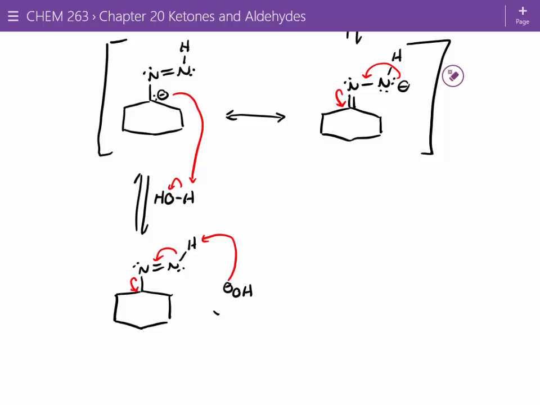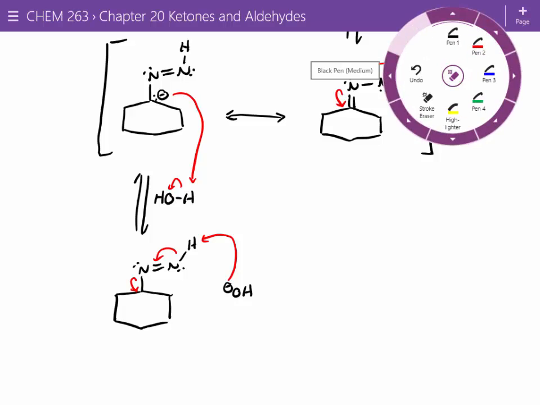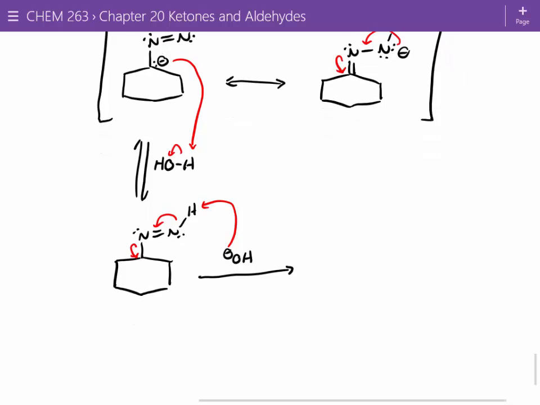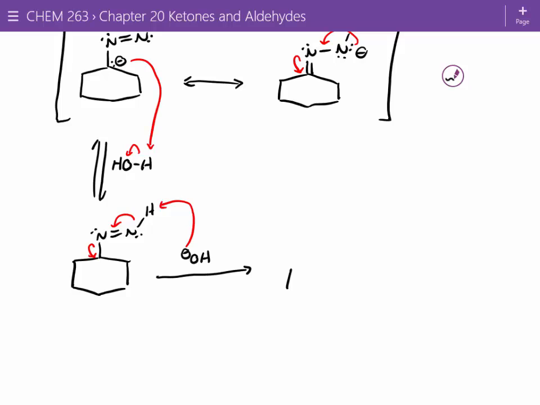Actually, let's change this from a double-headed arrow to a single-headed arrow. Sorry. And why did I change that? It's not going to come back down. Yeah, once you form nitrogen gas, it's going to bubble out of solution. You're going to drive the reaction out of equilibrium. And when you do this, you end up with another negative charge plus N2 gas.